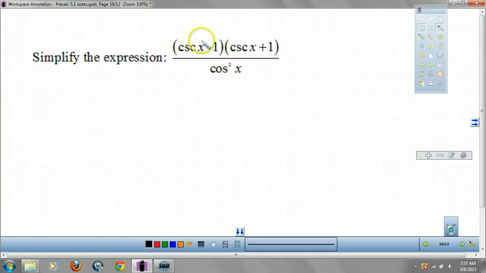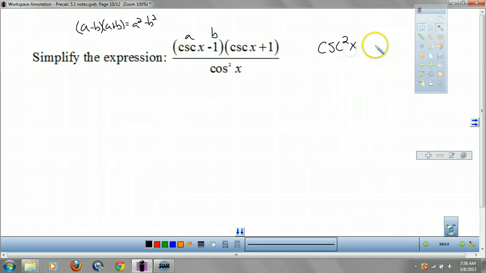Simplify the expression: cosecant of x minus 1 times cosecant of x plus 1, all over cosine squared. You remember that trick we talked about before, that a minus b times a plus b equals a squared minus b squared? This one, our a is cosecant, our b is 1. So we end up with cosecant squared of x minus 1 all over cosine squared of x.